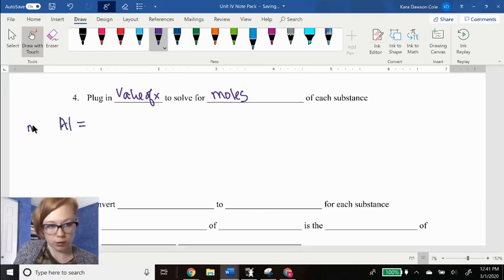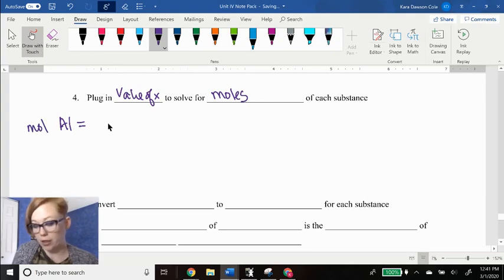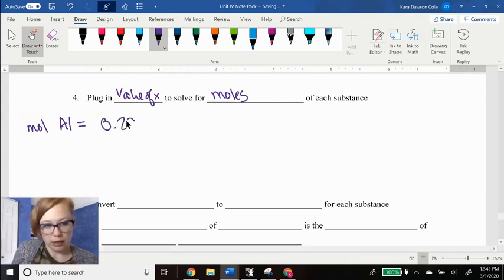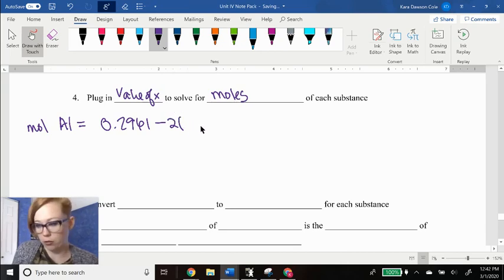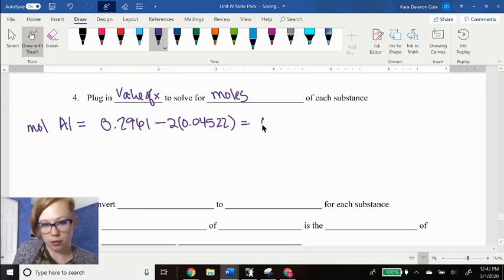So moles of aluminum: I'm going to do 0.2961 minus 2 times x, right? So x is equal to 0.04522. That is going to give me 0.2057. This is moles of Al.